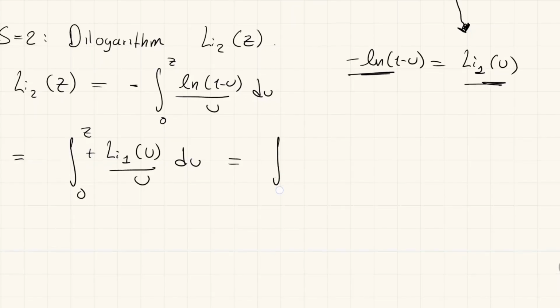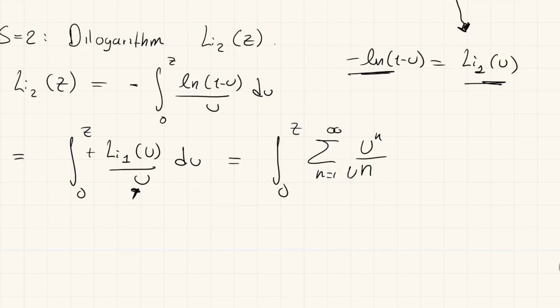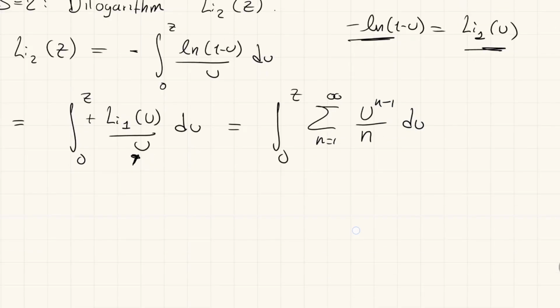So using the definition, this is going to be the integral from 0 to z of the sum from n equals 1 to infinity of u^n over n, okay? But we have a u here, so we can rewrite this as u^(n-1) times du, okay?